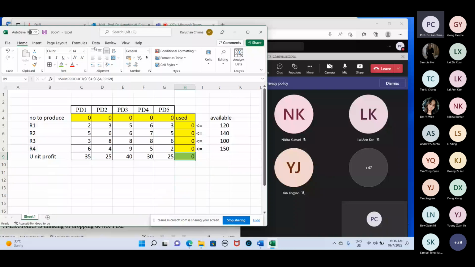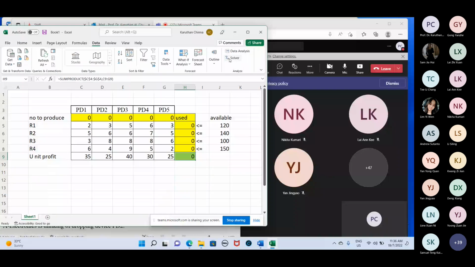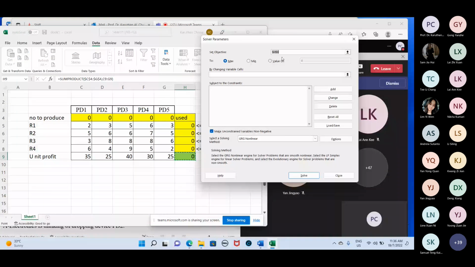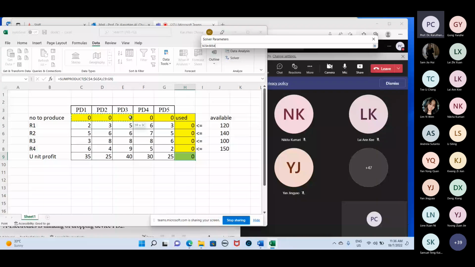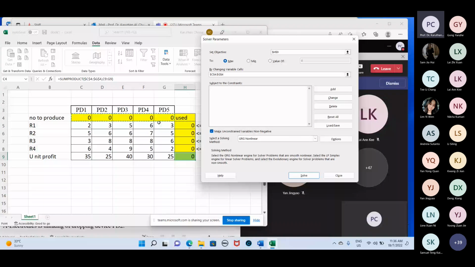So Data, Solver. So this is my optimization. Next, by changing the values in this row in yellow boxes, yellow color, now come to constraints, right? Add.